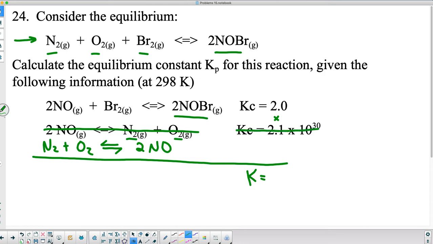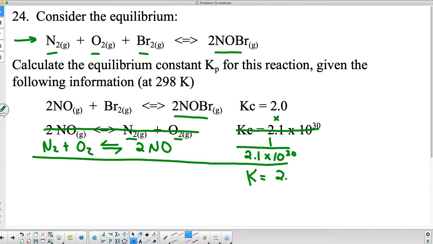Now it's 1 over 2.1 times 10 to the 30th. So I have to take the 1 over, or the inverse, or the reciprocal of 2.1 times 10 to the 30th.